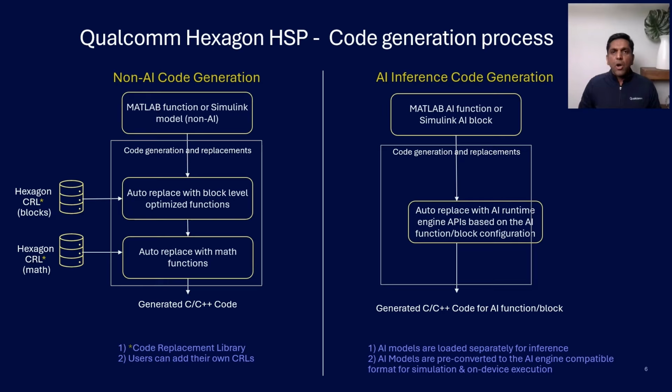So the output is not just portable code, but it is also optimized for execution on Hexagon. This reduces development time, eliminates manual porting, and helps ensure consistency from simulation to deployment. It brings the power of model-based design to Qualcomm's AI-capable DSPs.